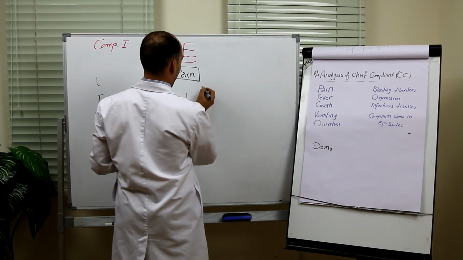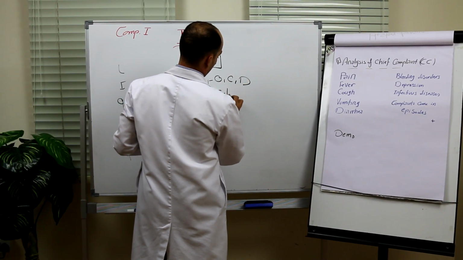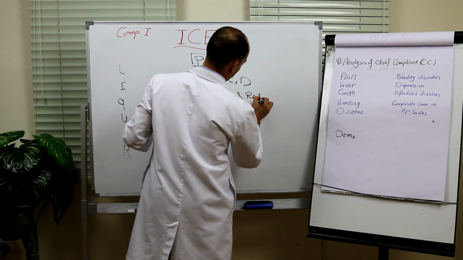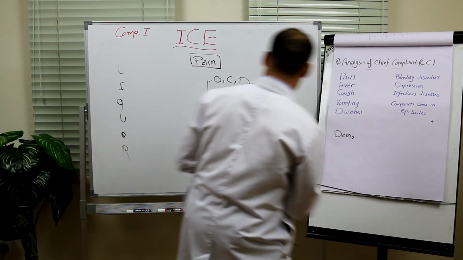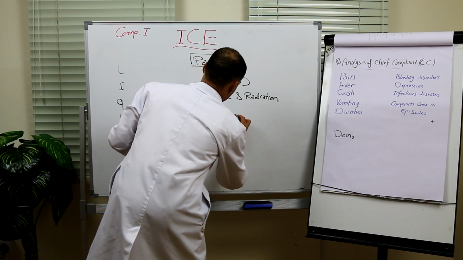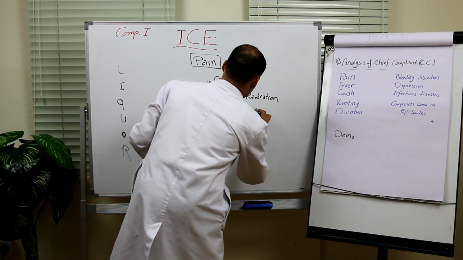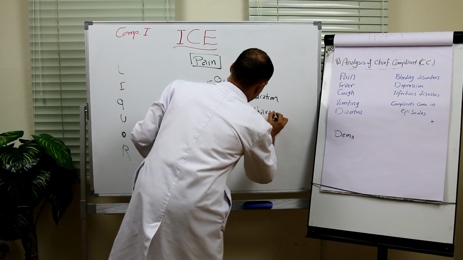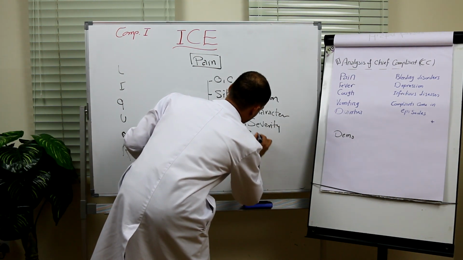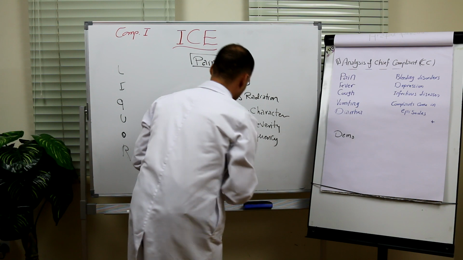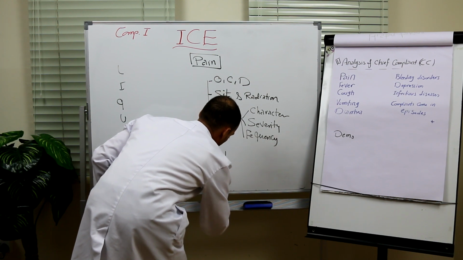This is the first way I usually prefer: onset, course, duration, and then site and radiation, then character, severity, and frequency, what increases, what decreases, and then association.